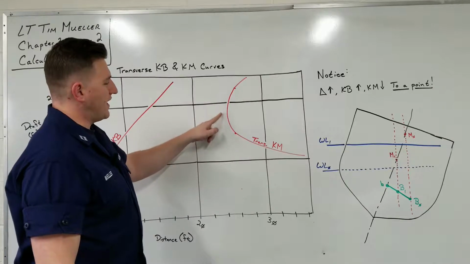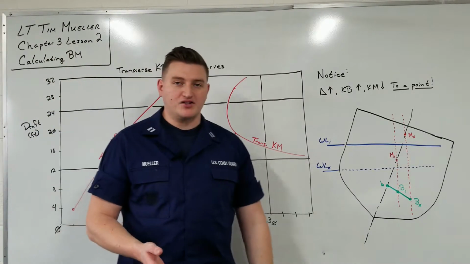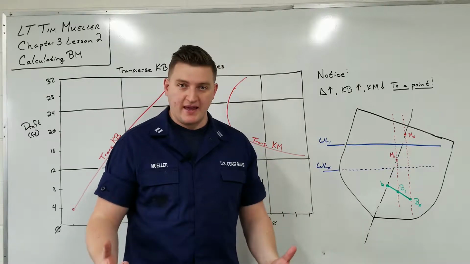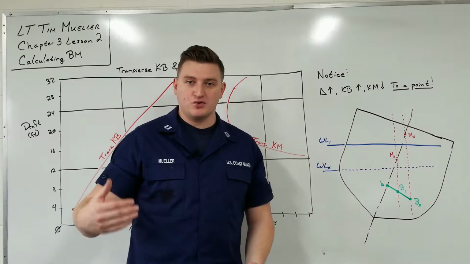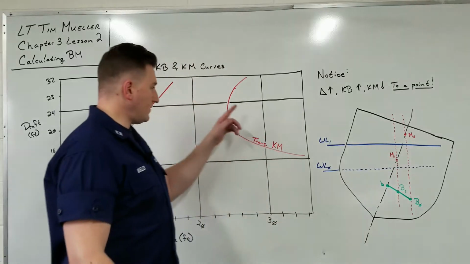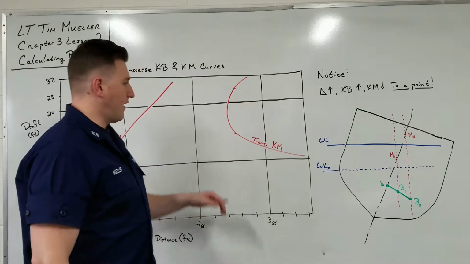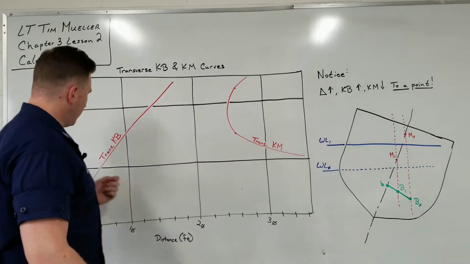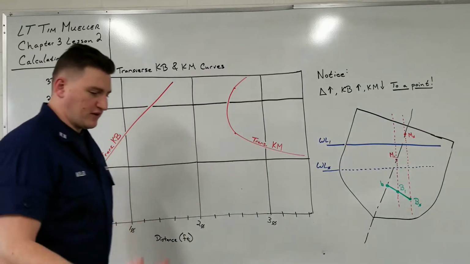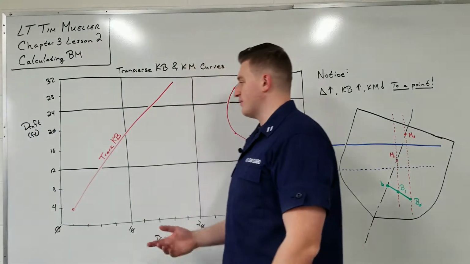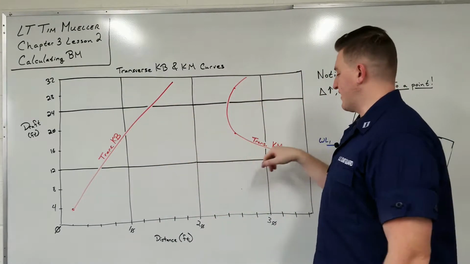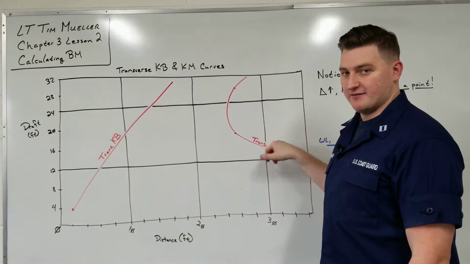When we go outside of this point, and that metacenter actually goes up with increase in draft, that is just an extreme case where you will never be actually operating the ship during your normal mission. That will be far beyond your full load condition. So here you can see KB rises up fairly straight. It's a linear relationship between draft and KB, but it's a parabolic relationship between draft and KM, as we see right here.